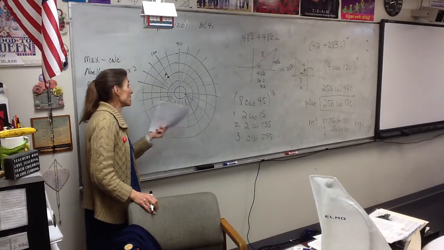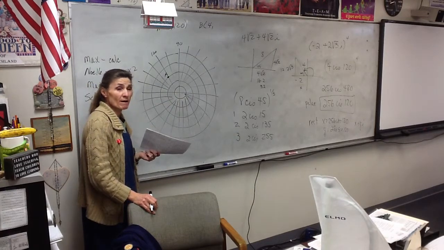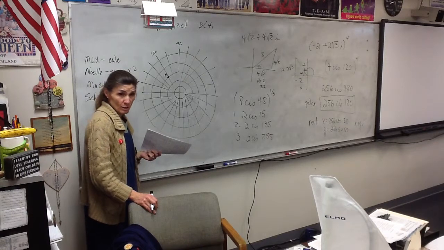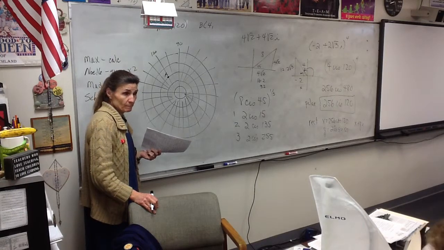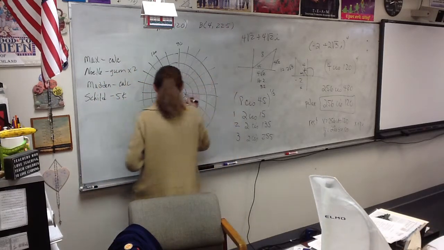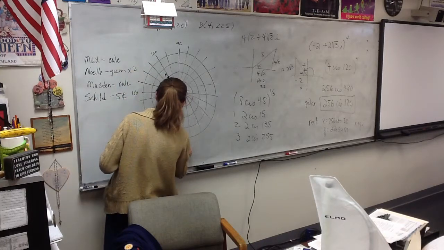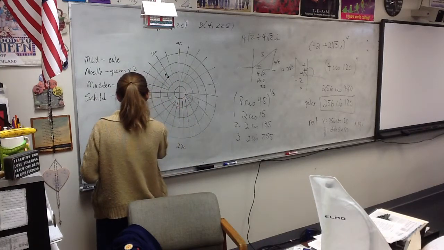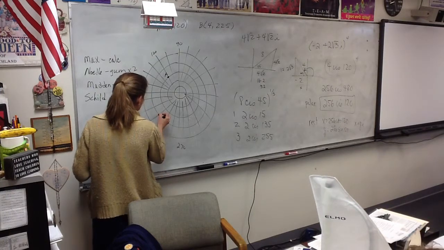Now, our graph paper is labeled in degrees, so you might want to change 5 pi over 4 into degrees. So that would be what? That would be 225. That's what I was thinking. So on the 225 circle, fourth circle out.